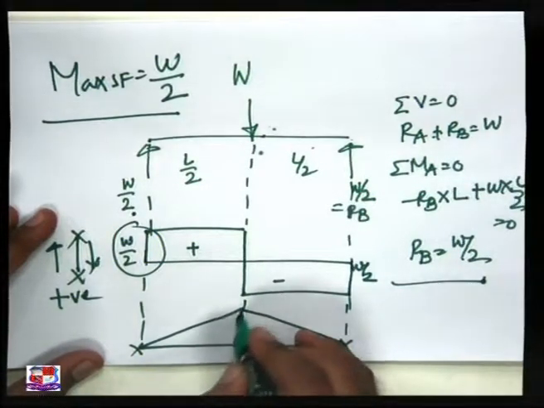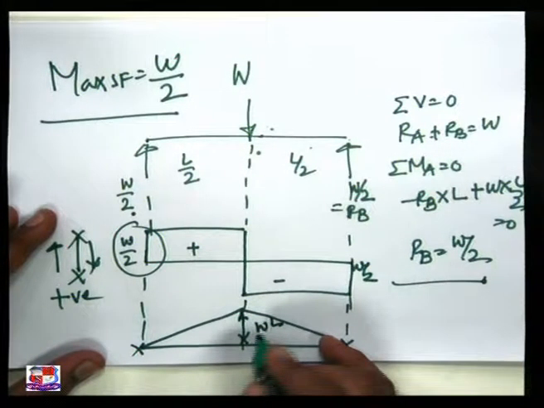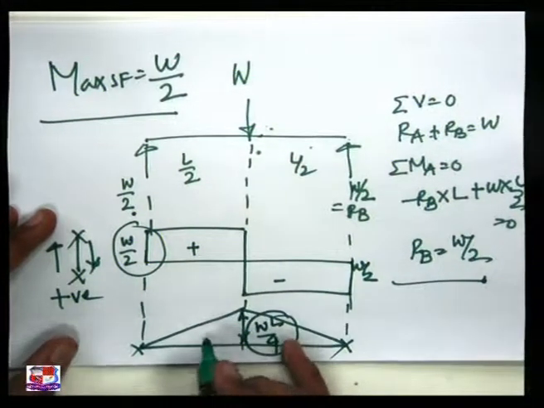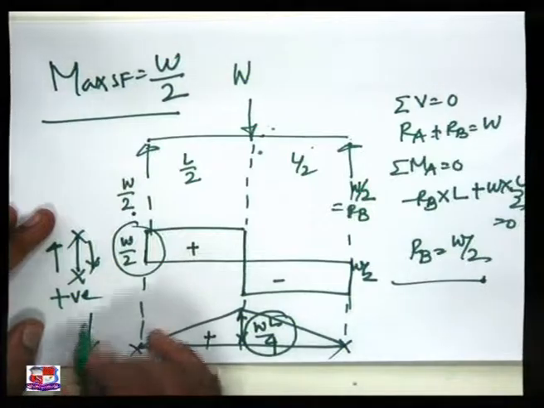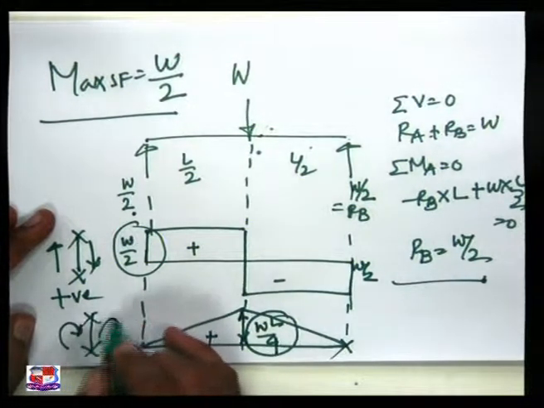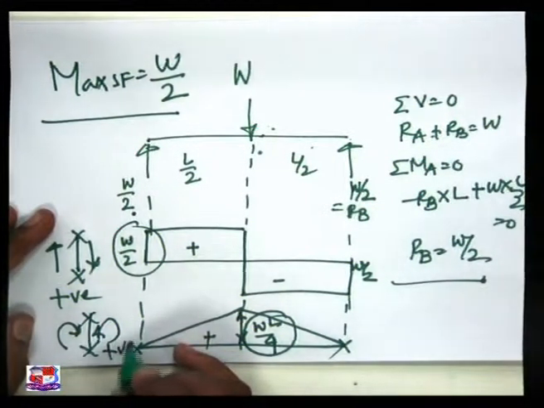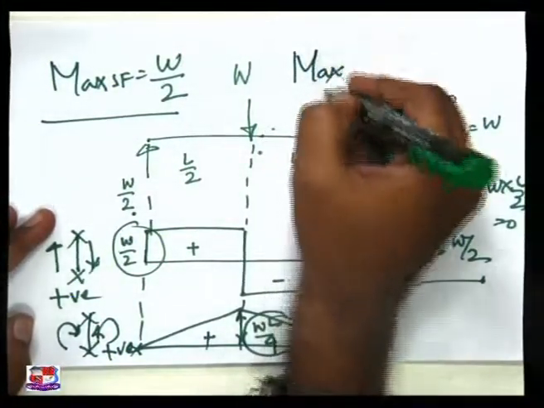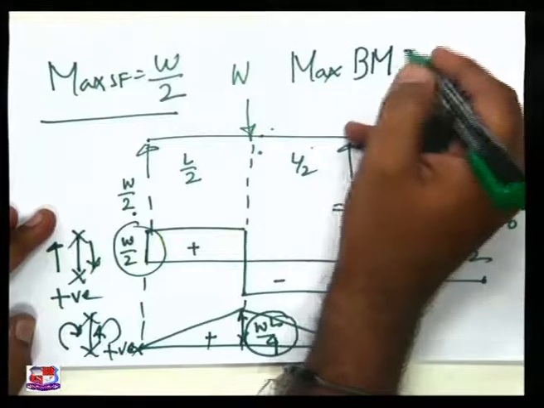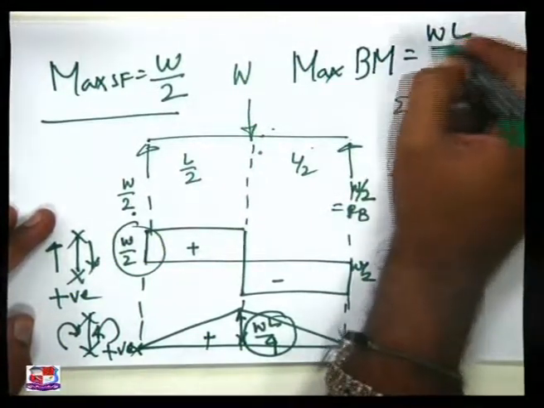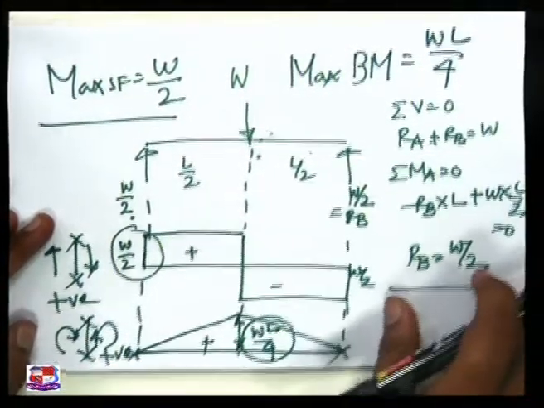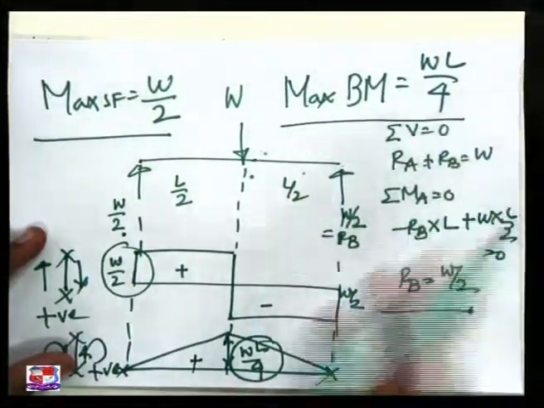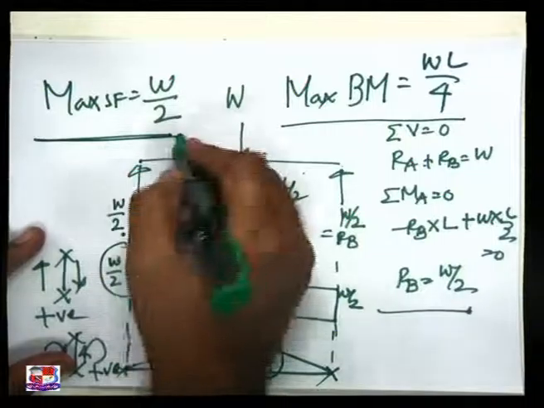So this ordinate is WL by 4, and this answer is positive with this sign convention. So we achieve the maximum bending moment WL by 4, and we achieve the maximum shear force.